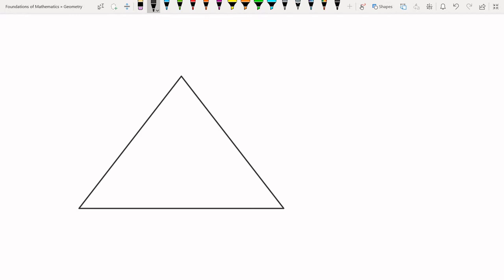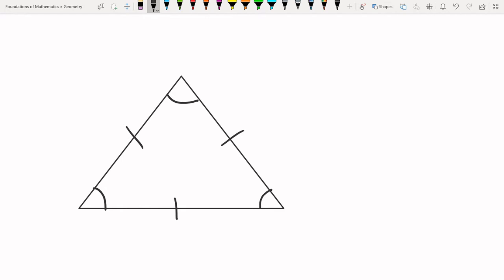An equilateral triangle, which is similar to what I've drawn here, has all sides and all angles being equal. So all sides are the same measurement. That's what that means. The bar means that each of the line segments are the same measurement. And all angles are the same.